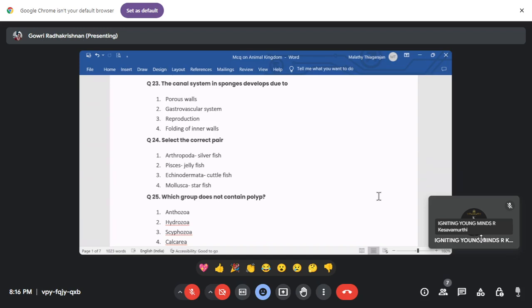It's folding of inner walls. Select the correct pair, 24. Option 1, ma'am. Option 1, arthropod silverfish is right.